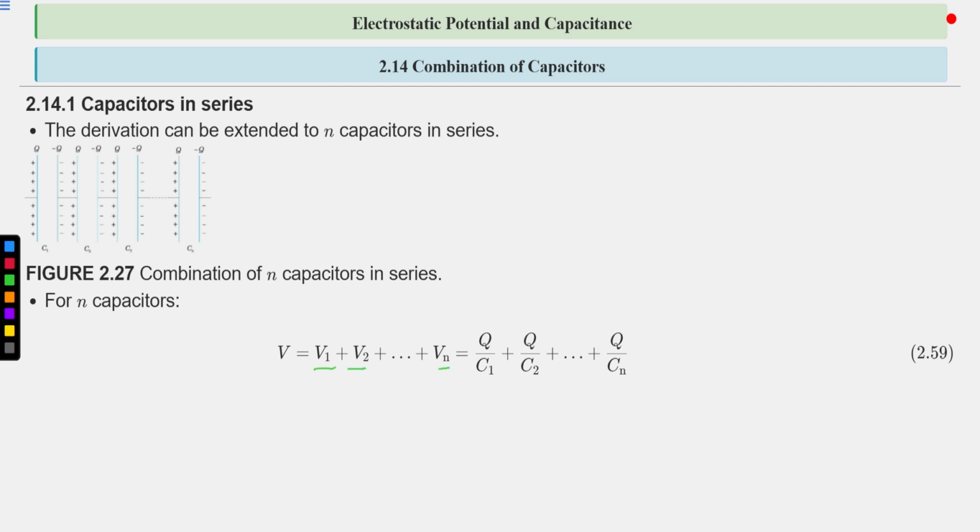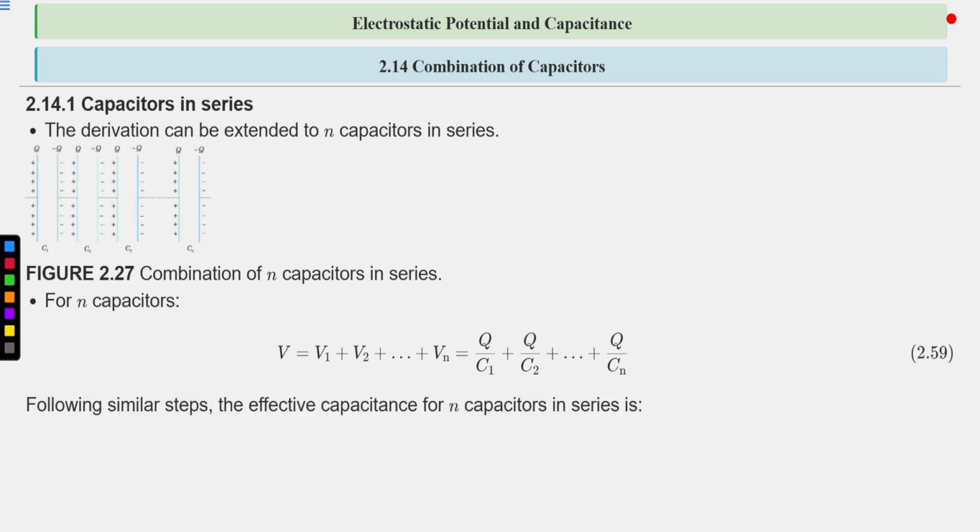So the potential difference is distributed across each capacitor, which is equal to Q by C1 plus Q by C2 and so on up to Q by Cn. Following similar steps, the effective capacitance for n capacitors in series is 1 by C equal to 1 by C1 plus 1 by C2 plus 1 by C3 and so on up to 1 by Cn.